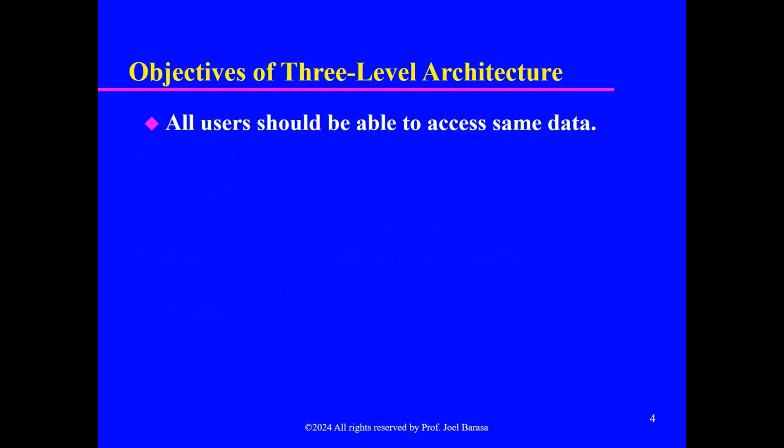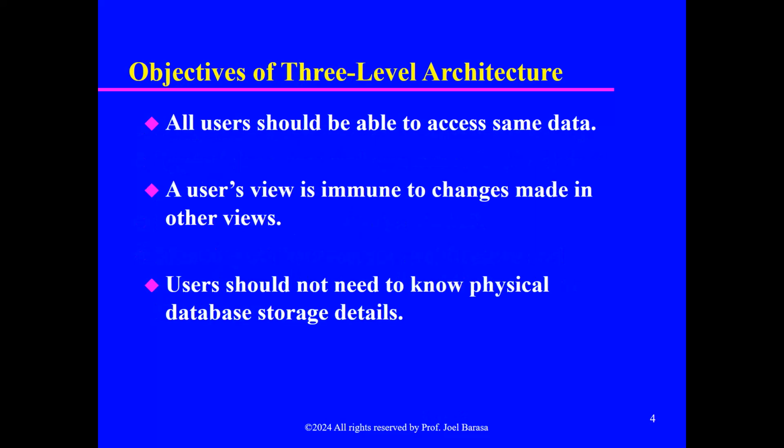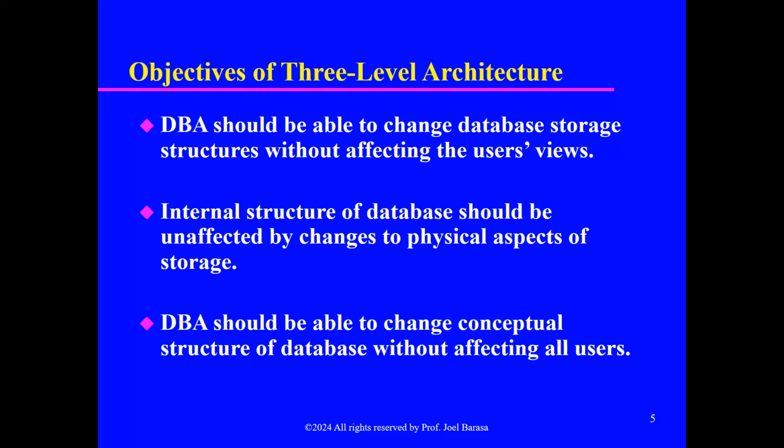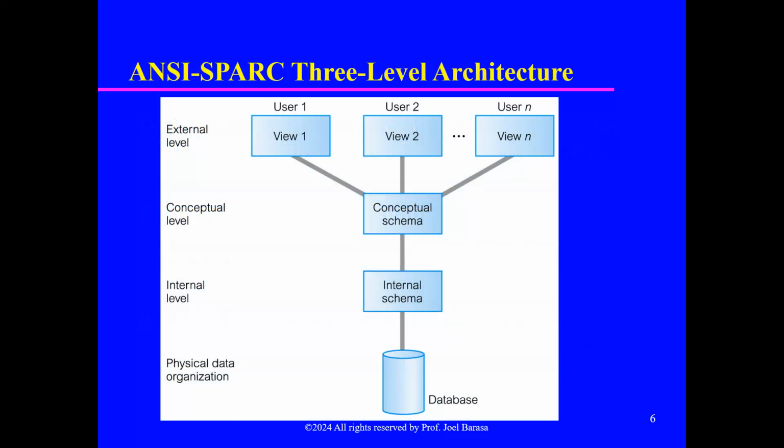Number one is that all users should be able to access the data, views, and so on. So let's look at DBA. A DBA should be able to change database storage and so on, internal structures and so on. So let's look at this structure here.